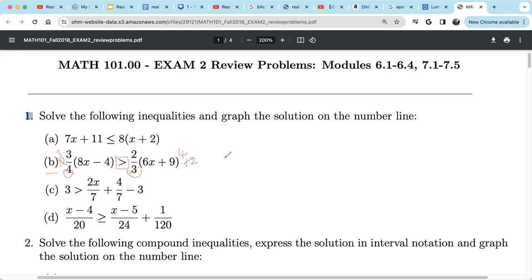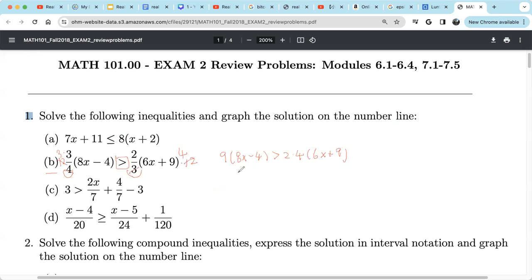So now we have 3 times 3, 9 times 8x minus 4, greater than 2 times 4 times 6x plus 9. Right? What's left to do is distribute.